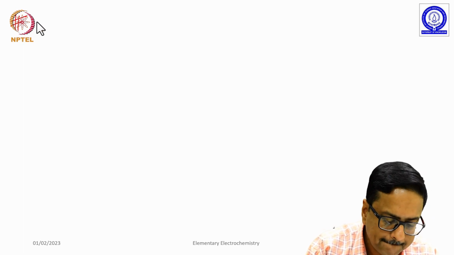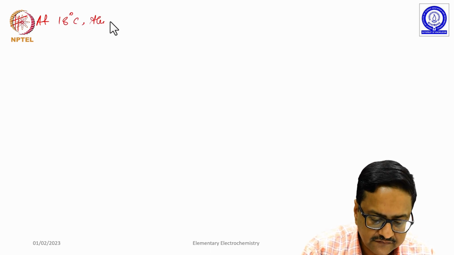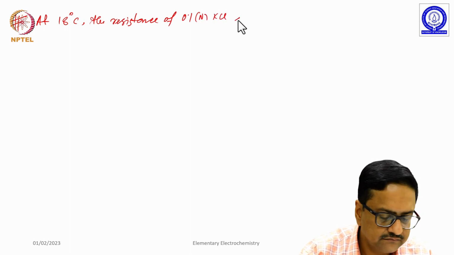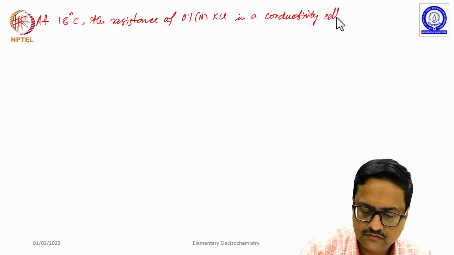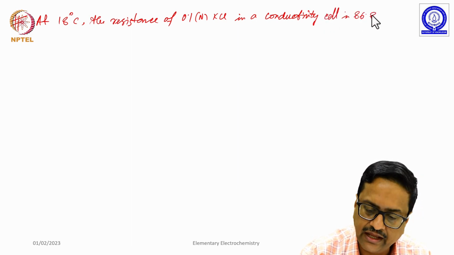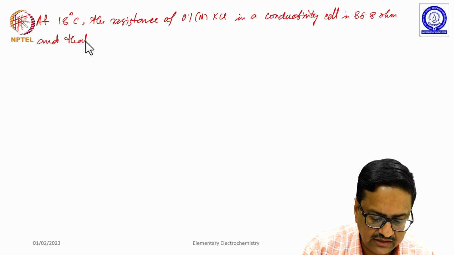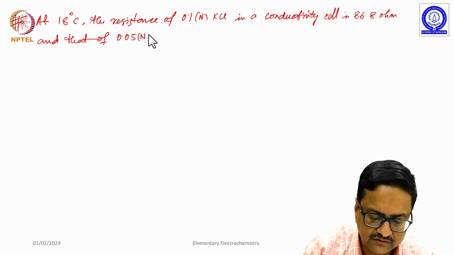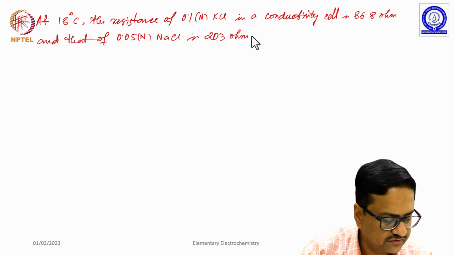The problem is: at 18 degree centigrade, the resistance of 0.1 normal KCl in a conductivity cell is 86.8 ohms, and that of 0.05 normal NaCl is 203 ohms.